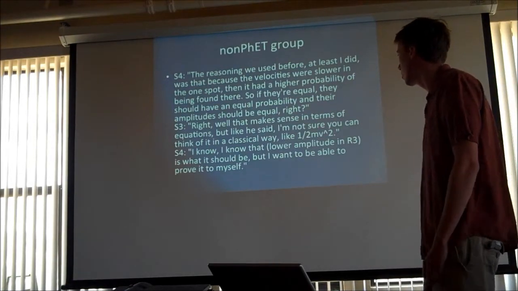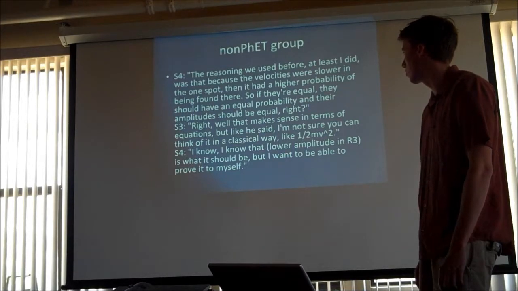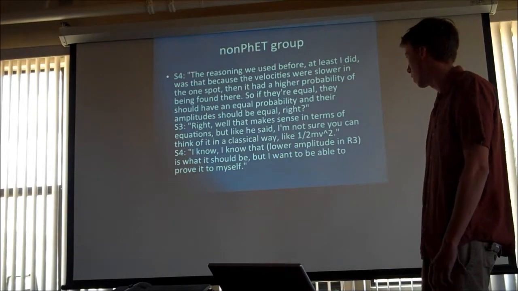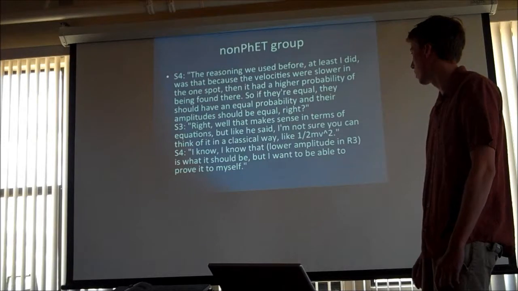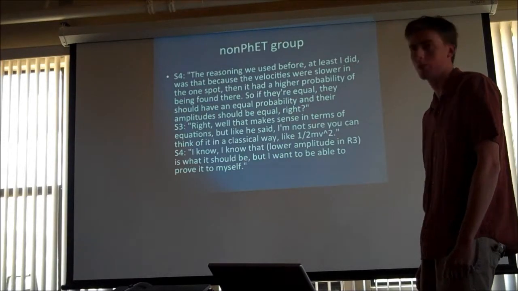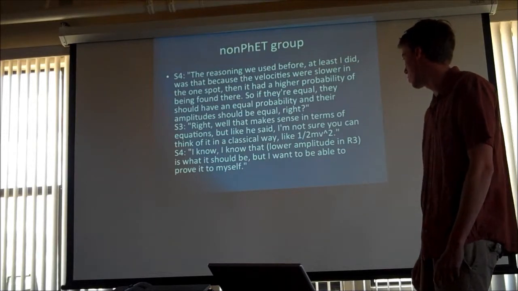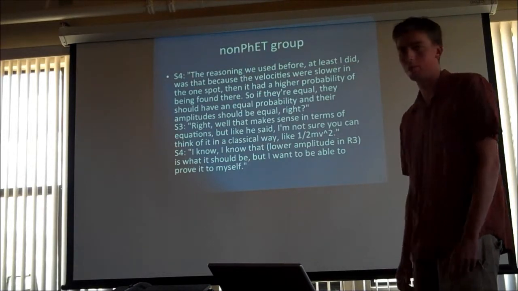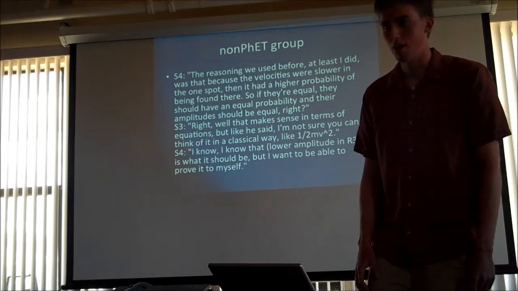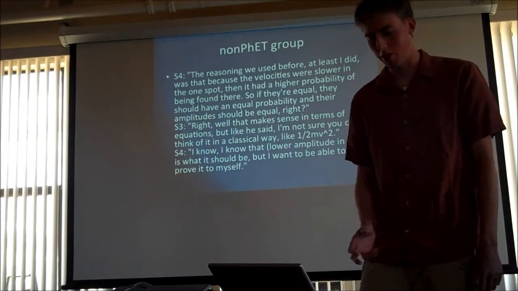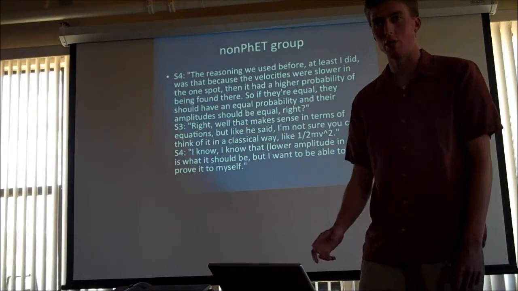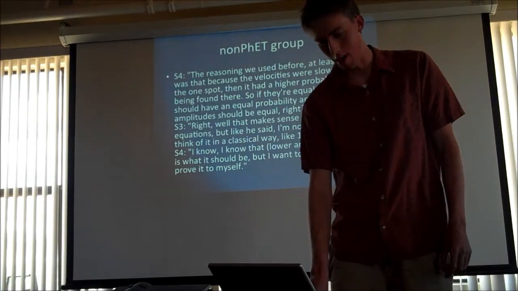So if they're equal, they should have an equal probability, and their amplitude should be equal, right? Right, that makes sense in terms of equations, but like he said, I'm not sure you can think of it in the classical way, like 1/2 mv squared. I know that lower amplitude in region 3 is what it should be, but I want to be able to prove it to myself. So this is what we wanted them to go through and struggle with.